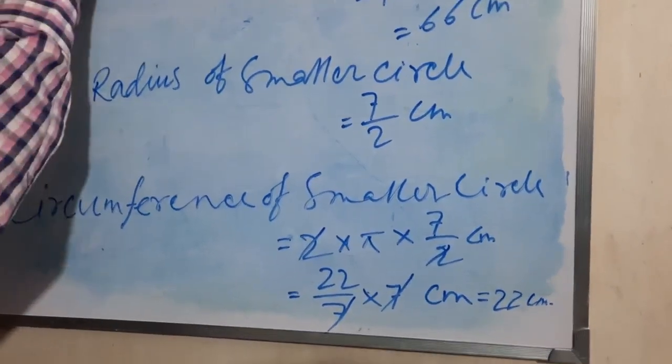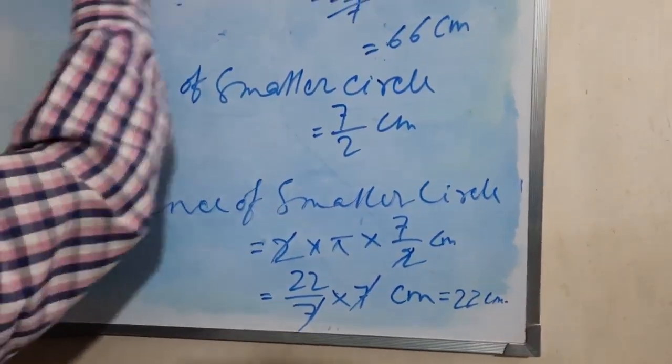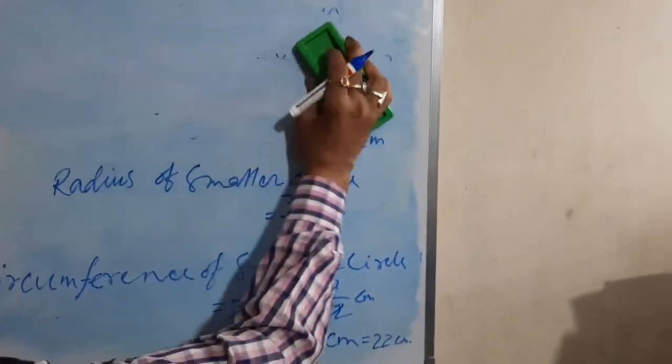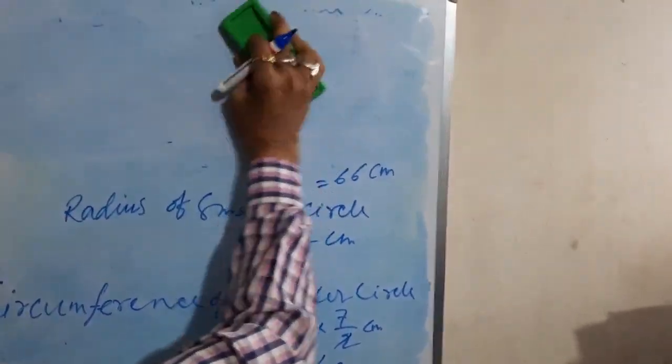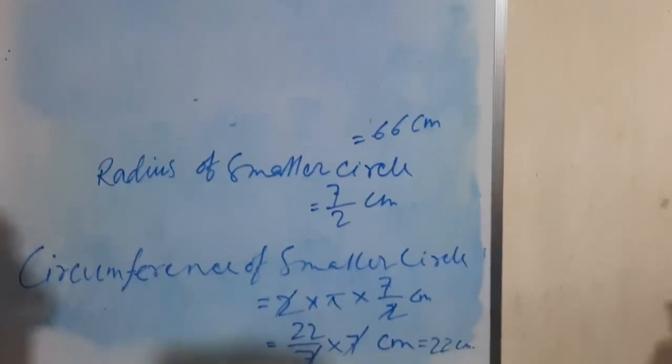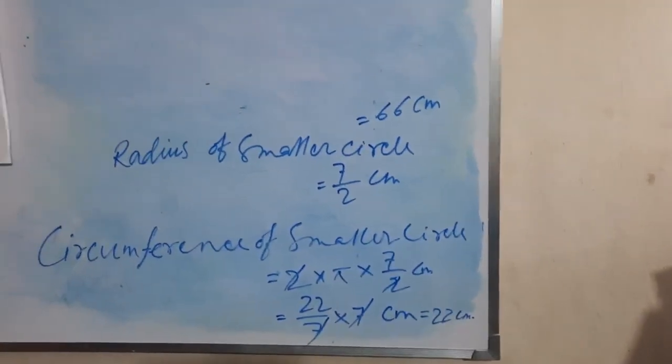So we have got the values. The circumference of the bigger circle is equal to 66 centimeters and the circumference of the smaller circle is equal to 22 centimeters.